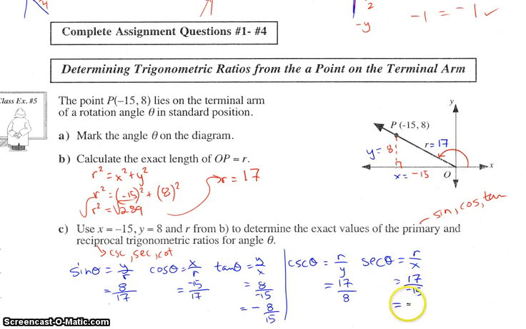Don't want a negative in the denominator, so put it out front, and there's our answer. Cotangent of theta is x over y, and x is negative 15, y is 8. And there we go. There's our answer.